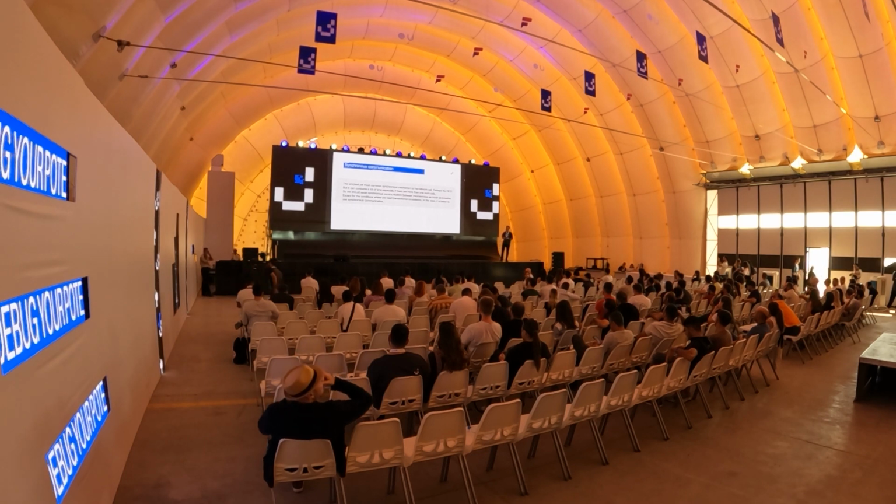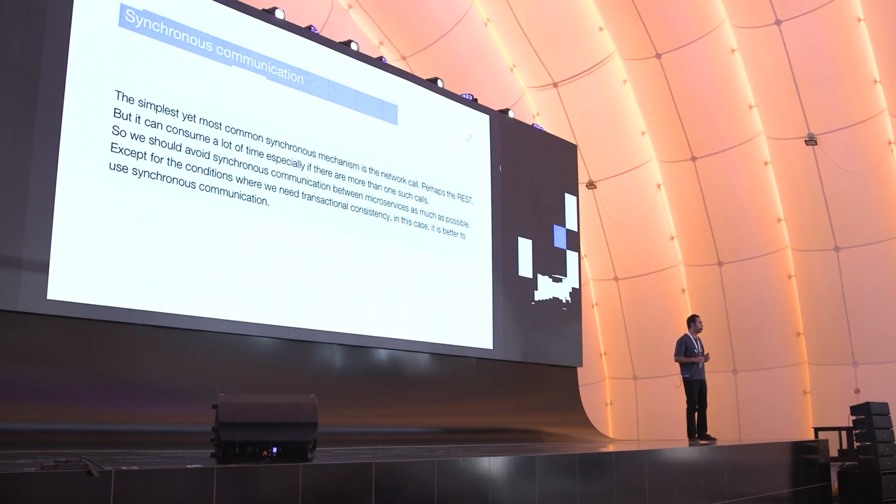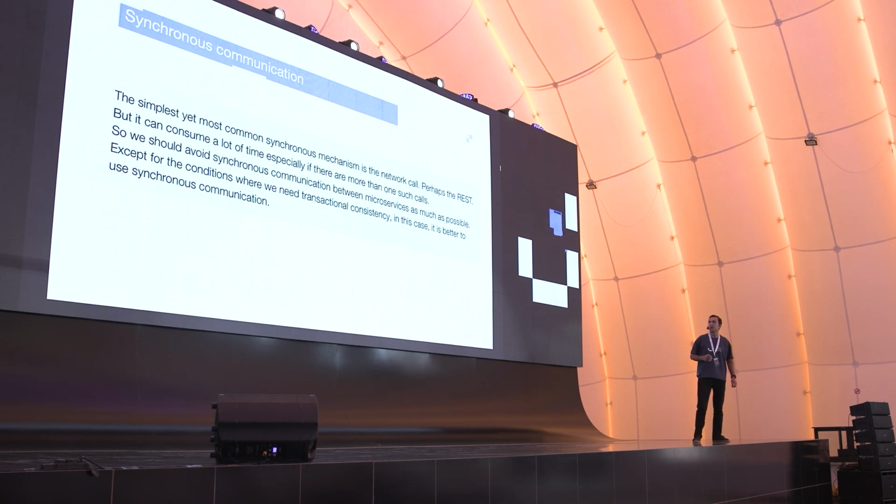But this approach can consume a lot of time, especially when those requests are numerous during the workflow. So we should avoid synchronous communication as much as possible. The exception is when we need real transactional consistency. Only in that case we need to use synchronous communication.